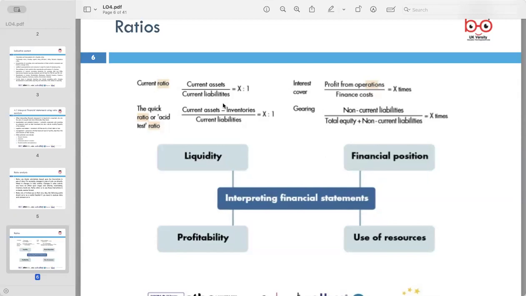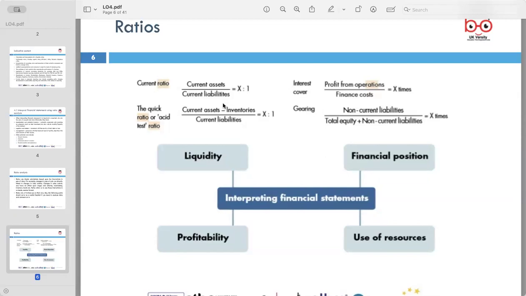Another important aspect of financial analysis is assessing a company's ability to cover its interest expenses, which is measured by the interest cover ratio. This ratio compares the profit from operations to financial costs and indicates how many times the company's earnings cover its interest expense.